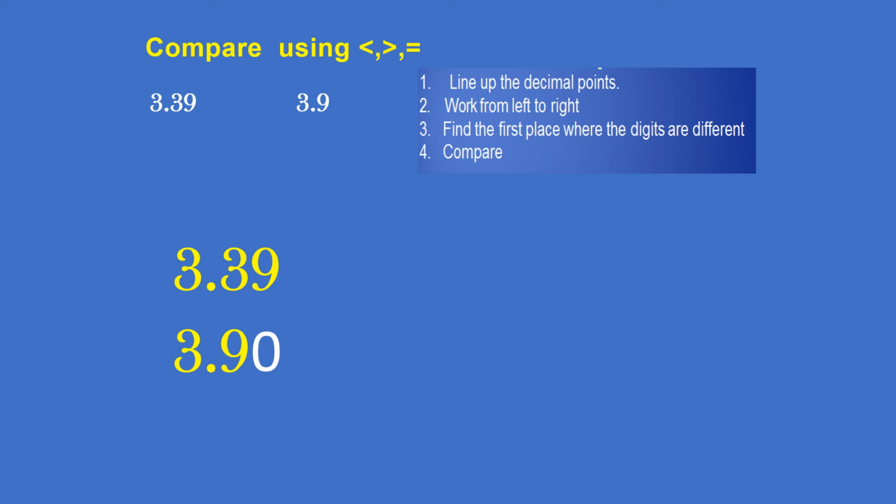3 and 3 are the same, and 3 and 9 are different, and 3 is less than 9. So 3.39 is less than 3.9, guys. I don't want you to do like the others who say 3.39 is more than 3.9 because 39 is bigger than 9.